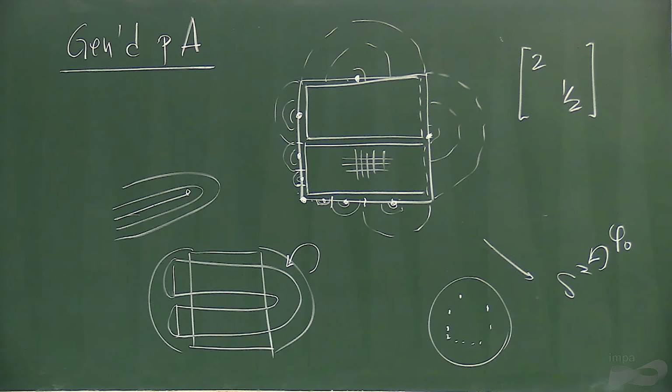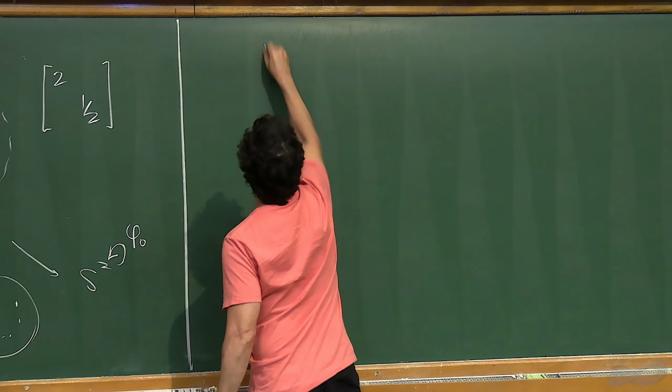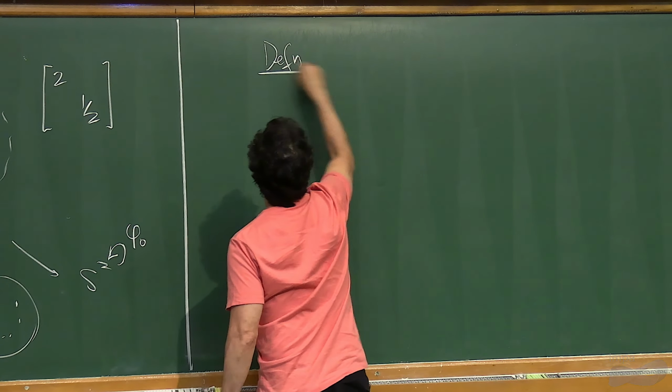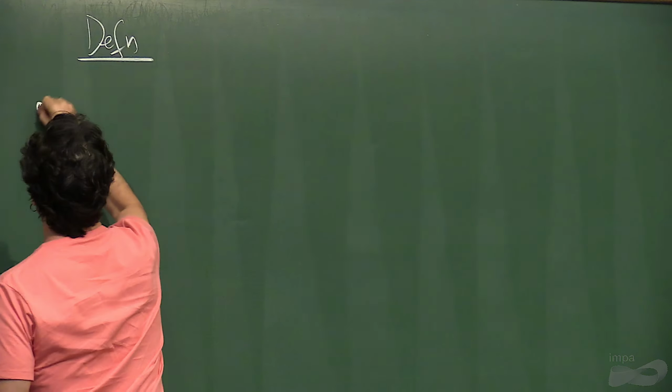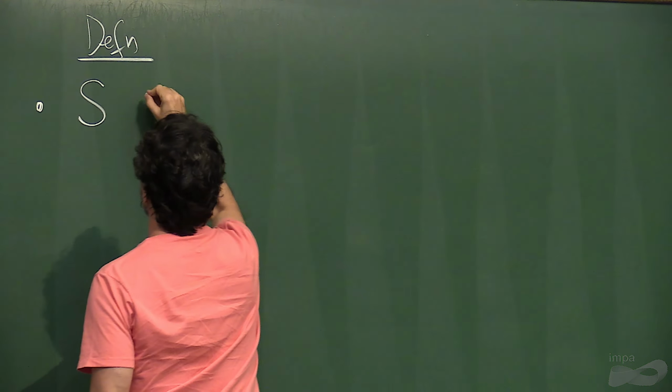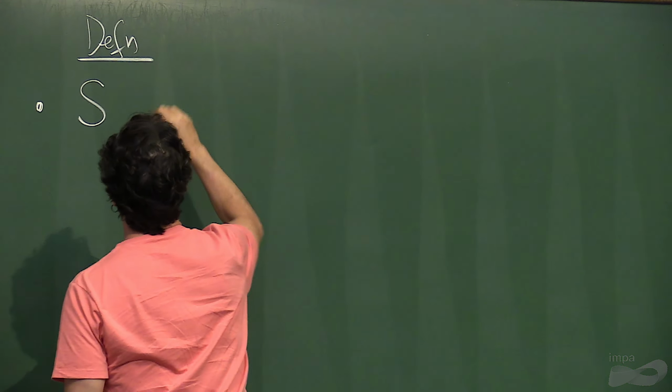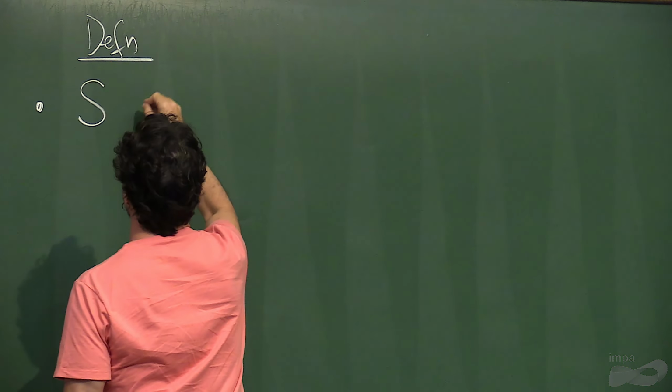But let me then say what generalized pseudo-Anosov maps are more generally. So, definition. I'll do the definition a bit like Bruno did.